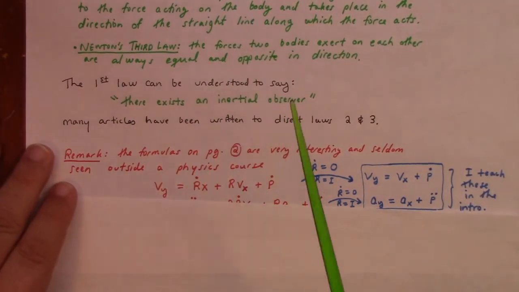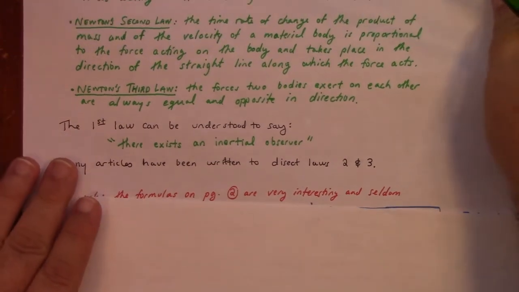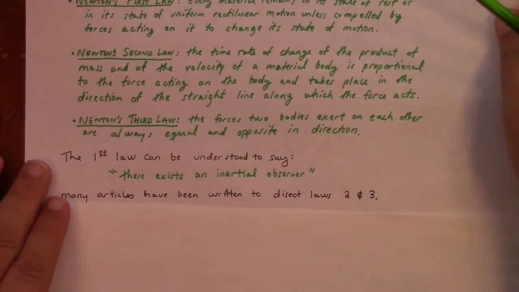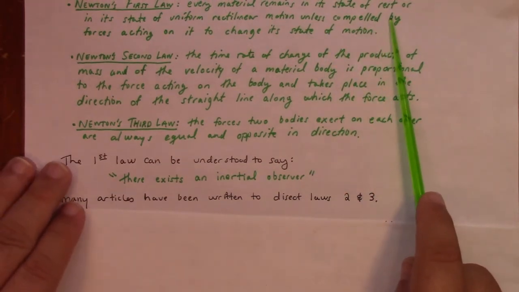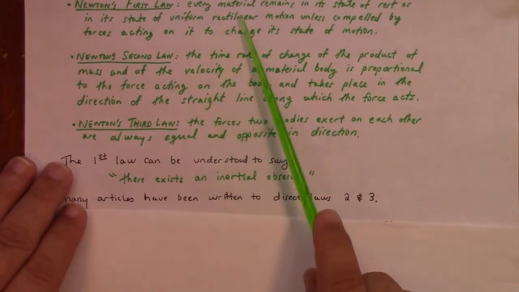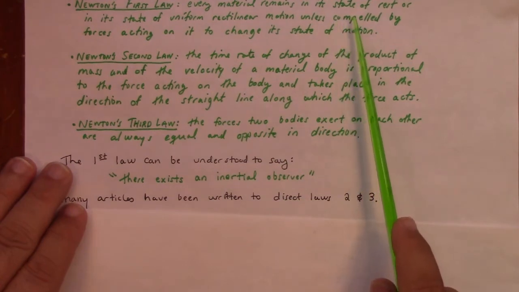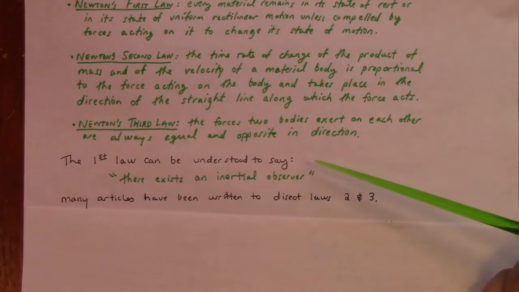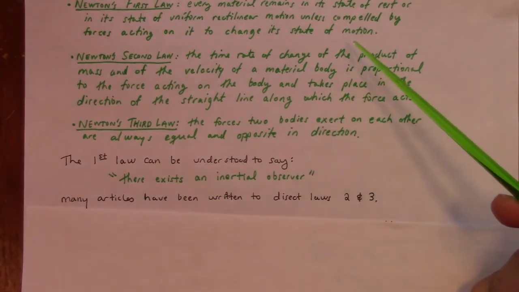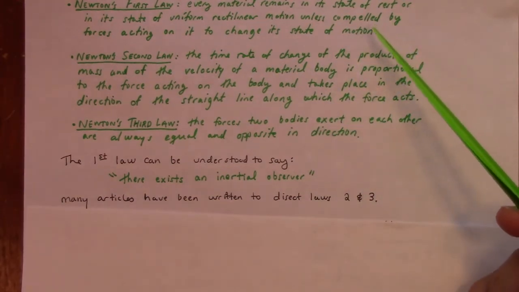It's because if there exists an inertial observer, then if a particle is in a state of rest or uniform rectilinear motion, it is already in that, and it's going to stay in that unless there's a force.